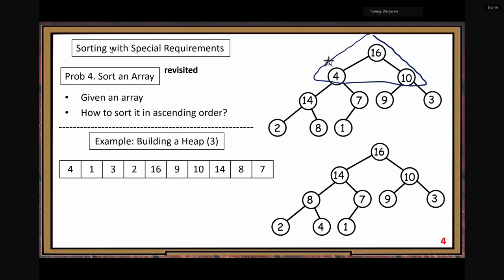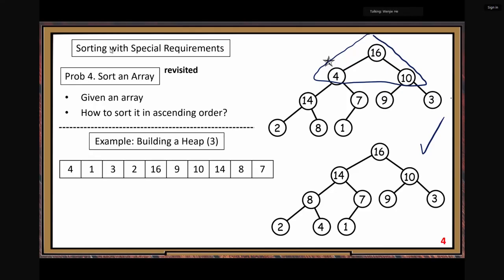You complete the whole building process. So this is a max heap. The whole building process is done. Not too complicated, right?